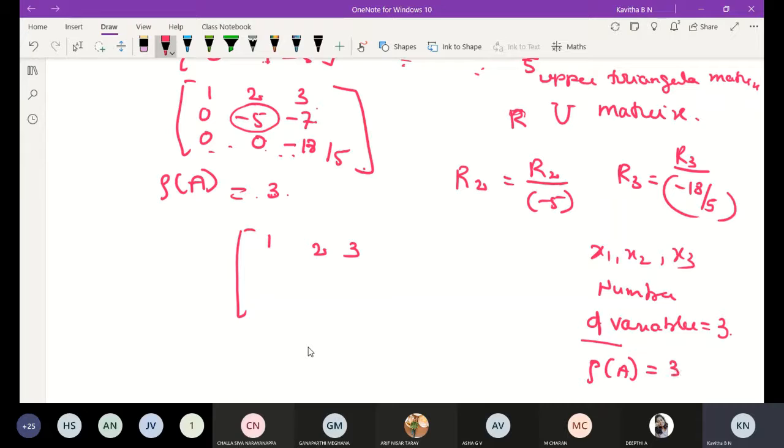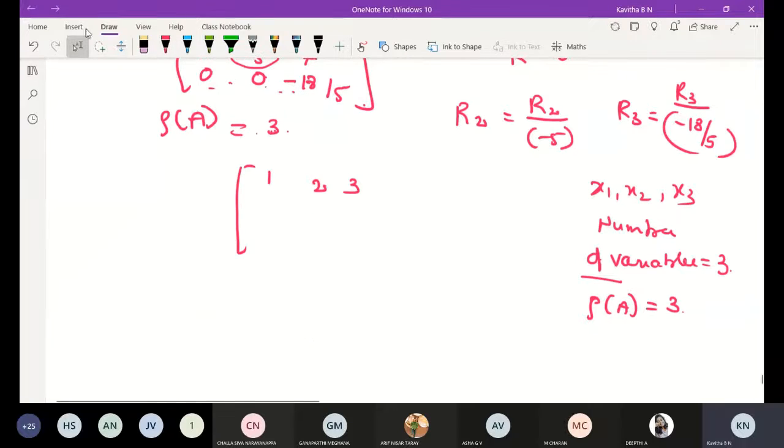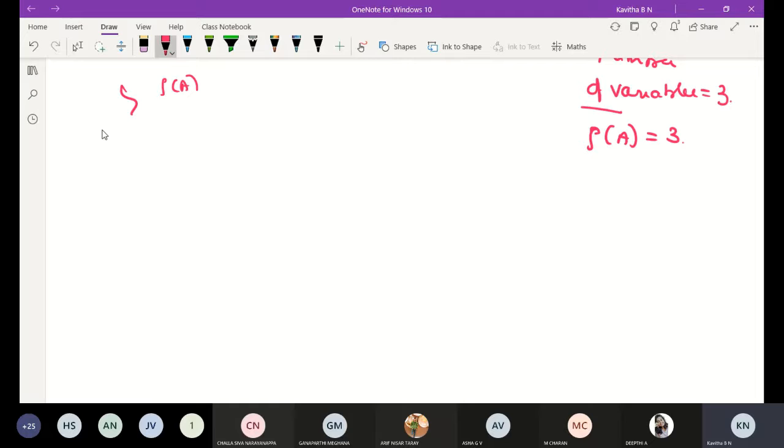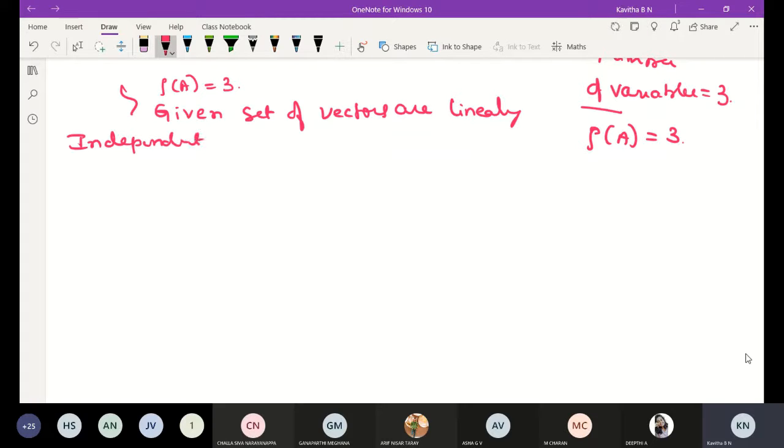That's why we write one statement: rank of A is equal to 3, so the given set of vectors are linearly independent, therefore rank is equal to the number of variables.